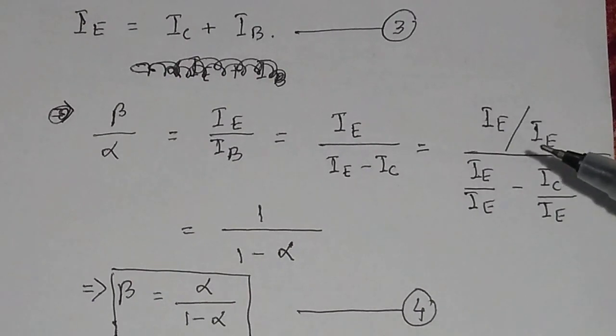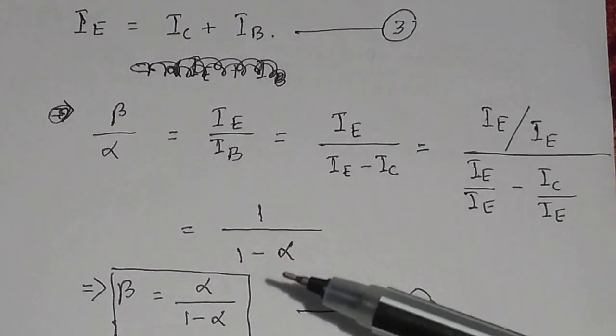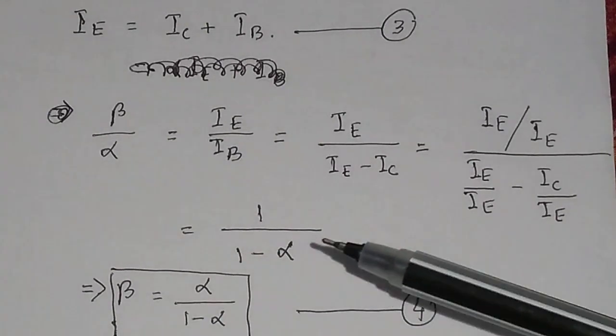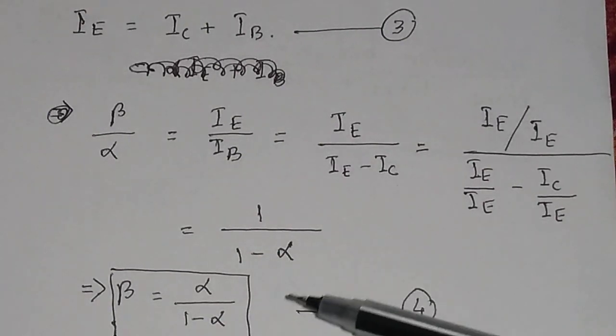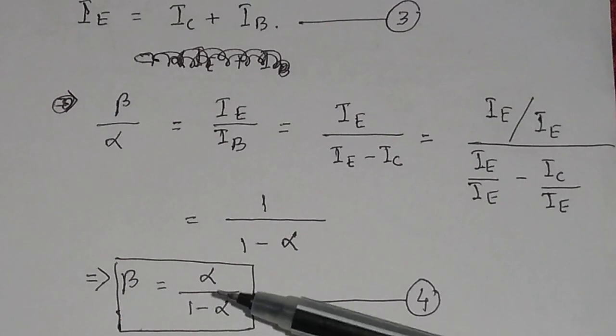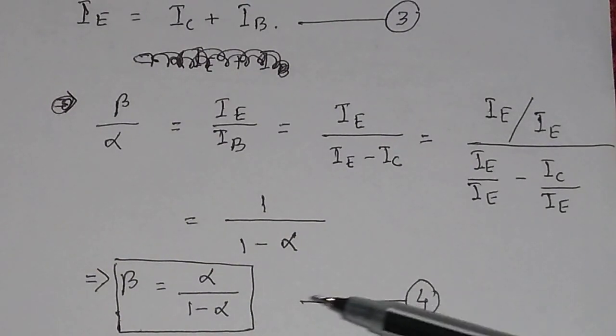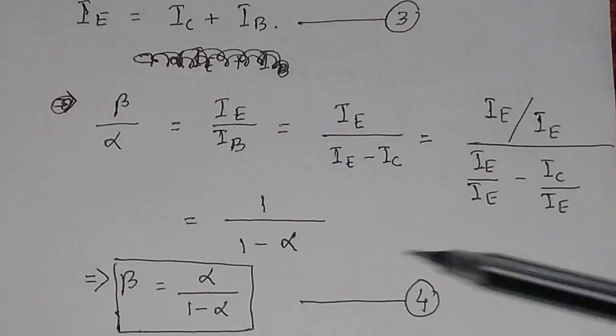If you divide it, then this will be equal to 1 divided by 1 minus alpha. So if beta by alpha is equal to 1 divided by 1 minus alpha, then beta will be equal to alpha divided by 1 minus alpha. So this is the relation between alpha and beta.